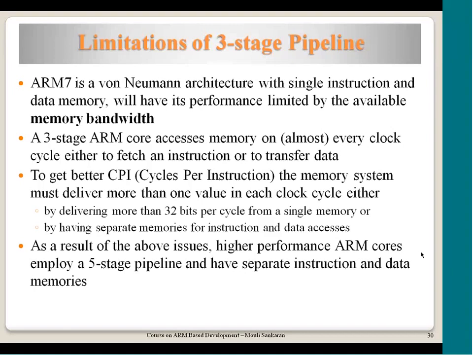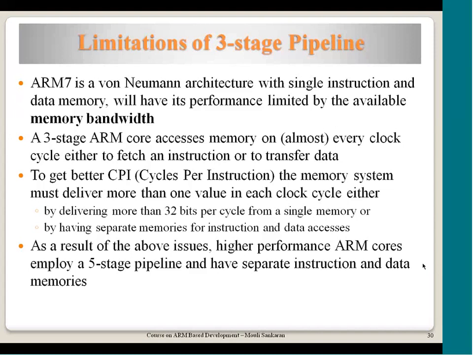That means 5 instructions may get completed every clock cycle instead of 3. So even if you are running the processor at the same clock, suppose it is 10 megahertz or whatever it is, a 5-stage pipeline may perform better than the 3-stage pipeline. Of course, it depends on the flow of instructions, but hypothetically, by increasing the number of stages, we can still get a better performance.